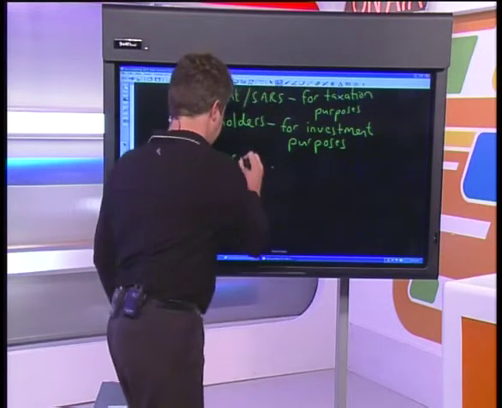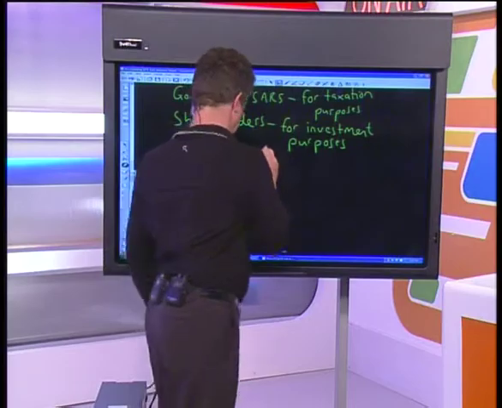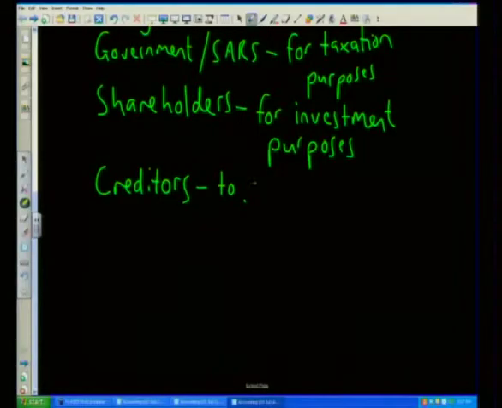As a result, creditors would want to know the financial information of your business. So we can put here a sentence like this. We could say to determine how much credit to grant, or whether we should grant credit at all.